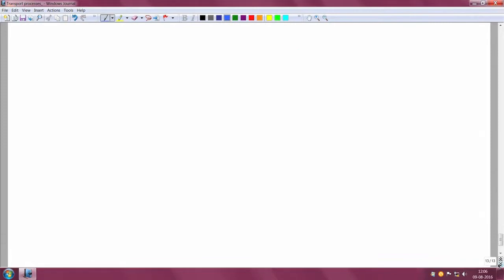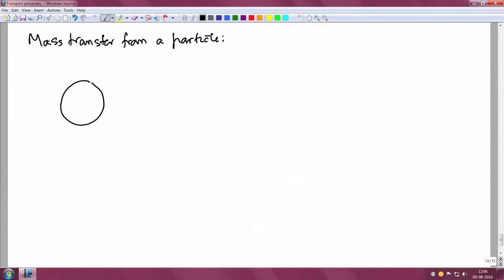So, let us take one more example, a mass transfer from a particle. Let us consider a spherical particle for simplicity.